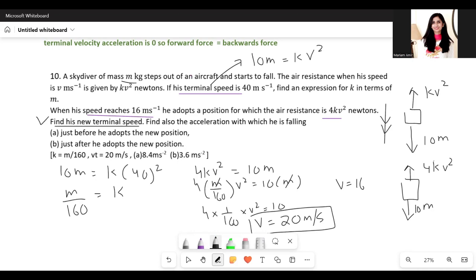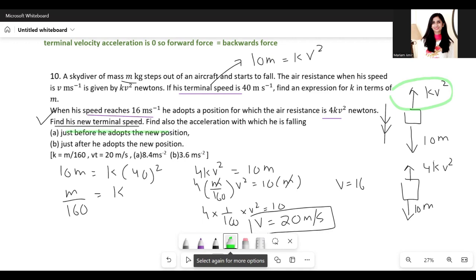Okay, find his new terminal speed, done. Find also the acceleration with which he is falling just before he adopts the new position. Just before he adopts the new position, the air resistance is kv squared, and just before is very important.